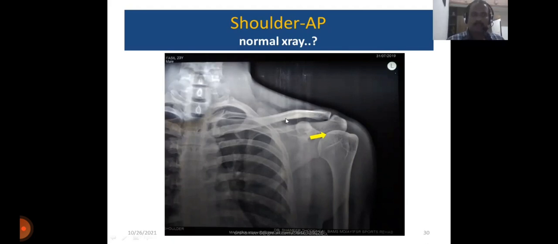And quack practitioners and some other doctors do not have definite knowledge about the shoulder X-ray. They say the shoulder is migrated upward, because there are several queries from doctors personally to my WhatsApp: doctor, is there any subluxation, any dislocation? So it is a normal X-ray. It is a glenoid, it is a humerus. You look into the glenohumeral relation only.